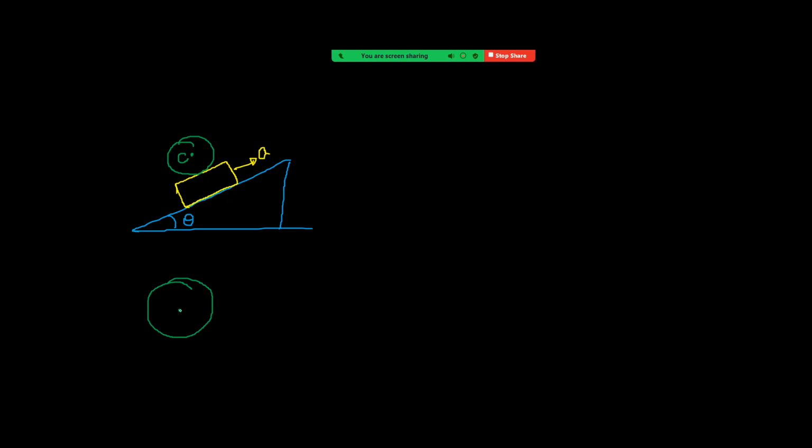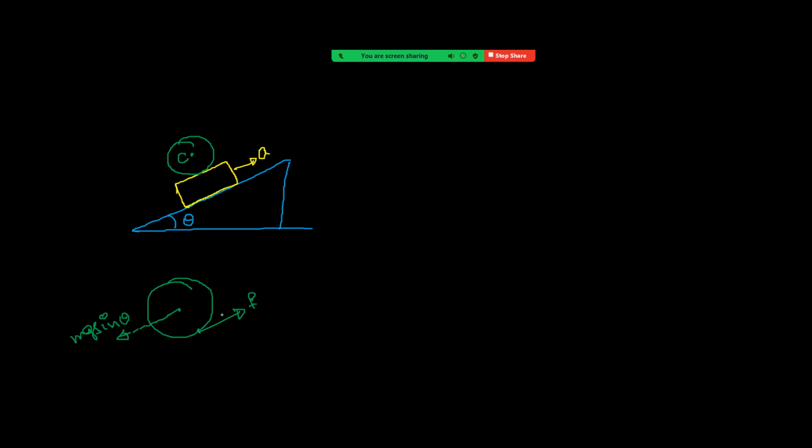You can see its weight component acts down the incline. The weight component is mg sin theta. The cylinder has contact with the plank, so by the plank on the cylinder, the frictional force must be up the incline.